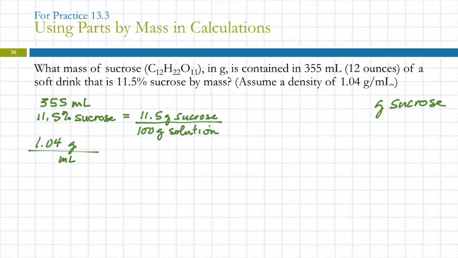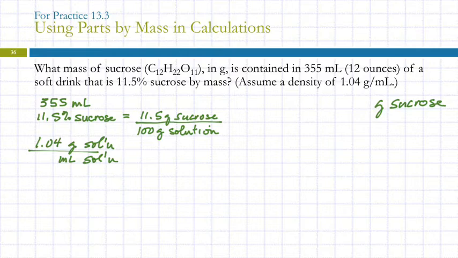Density of the solution, right? That's the density of the solution. So that means that's grams of solution per milliliter of solution. So I want grams of sucrose. I have milliliters, I have grams sucrose per gram solution, I've got grams solution per milliliter solution. Both of these look like conversion factors.